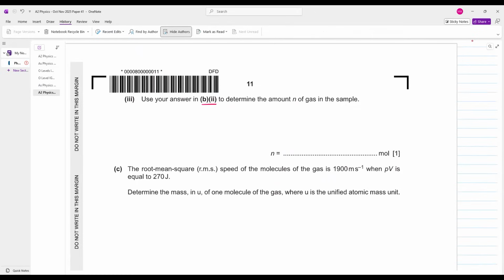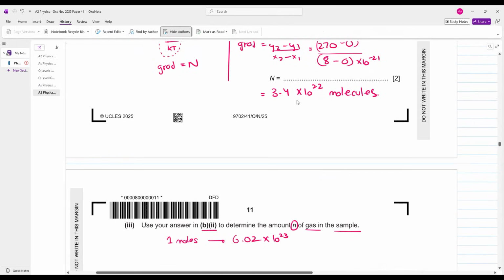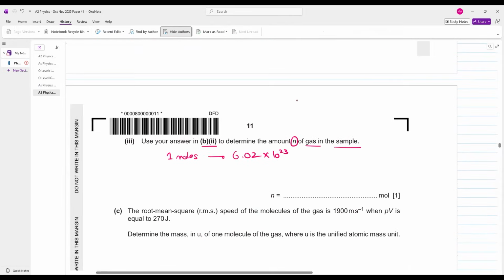Use your answer in B part 2 to determine the number of moles of the gas in the sample. बेटा अब आपने number of moles को determine करना है. How will you do that? 1 mole has how many molecules? 6.02 × 10^23 molecules. 3.4 × 10^22 molecules किसके पास होंगे?